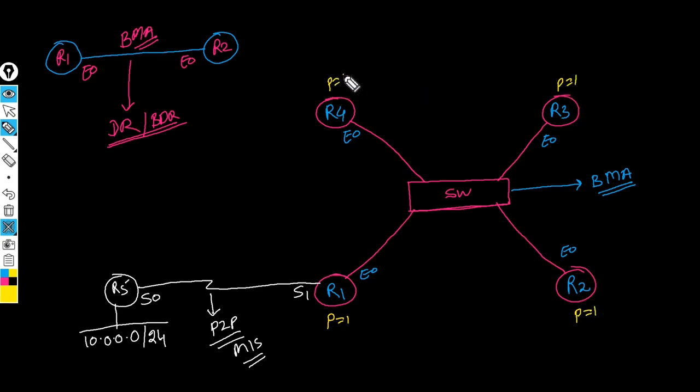All the routers have priority 1, so right now you cannot decide which router is the DR, because it's tied. So you go to the second criterion, that is the router with the highest router ID.